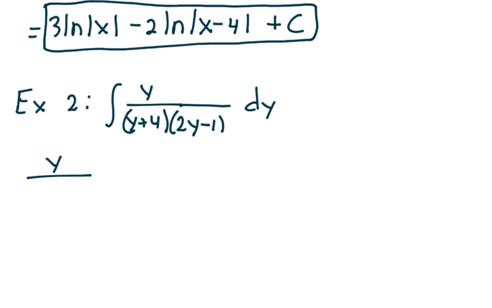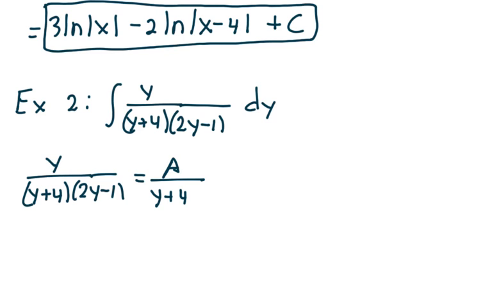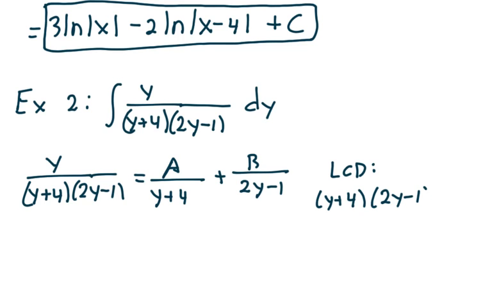So y over (y + 4)(2y - 1) is equal to A over (y + 4) plus B divided by (2y - 1). So once again, the LCD here is (y + 4) times (2y - 1). So I'm going to multiply both sides by the LCD.